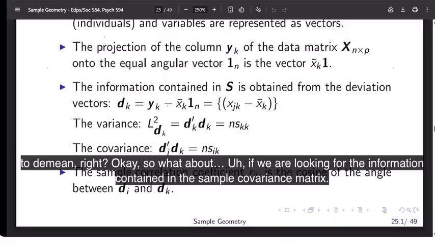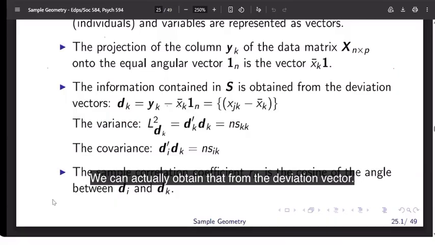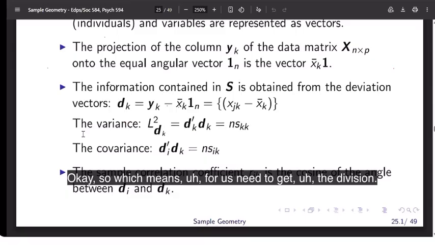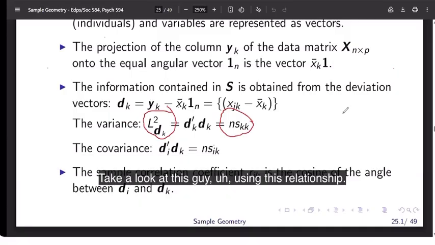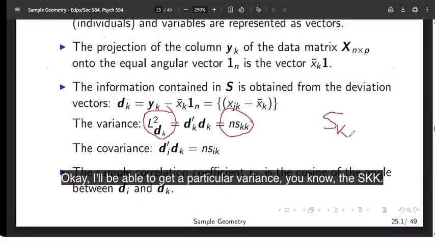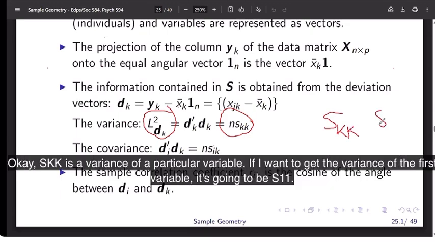Which means first we need to get the deviation vector, and after getting it, I will be able to get my variance using this relationship. Take a look at this guy. I'll be able to get a particular variance, the SKK, which is the variance of a particular variable. The variance of the first variable is S11, the second is S22, and the third is S33.